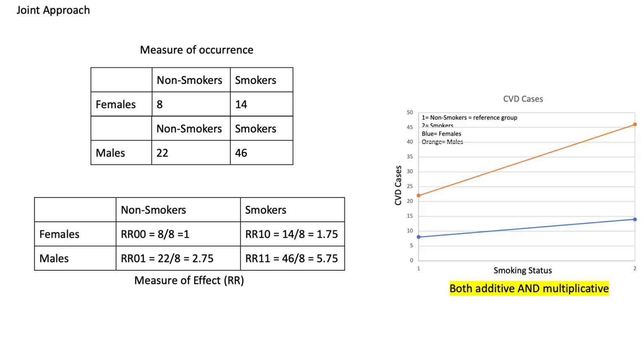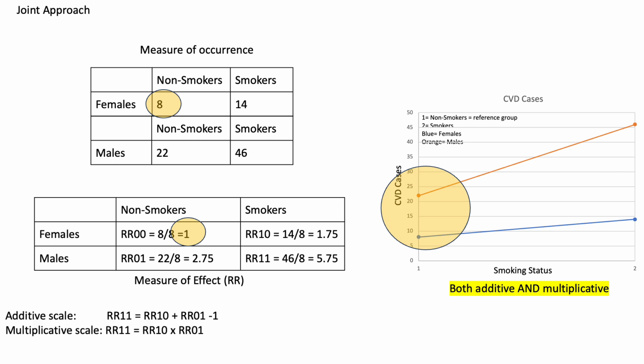So in the previous examples, we saw this plot, and we saw that the blue line, which is the females, and the orange line, which is the males, each had their reference group, which is denoted by 1 on the x-axis. But now in the joint approach, we just have one reference group, which is non-smoker females. To assess effect modification on additive and multiplicative scale using the joint approach, this is the formula that we would apply.